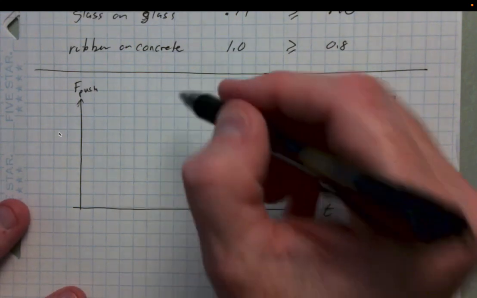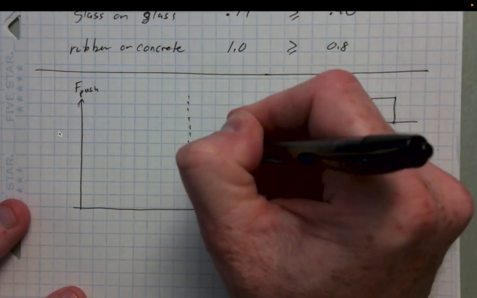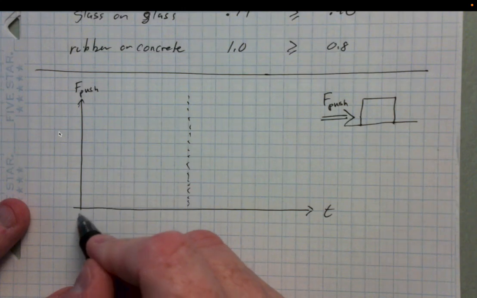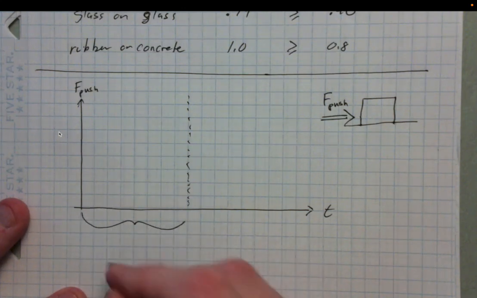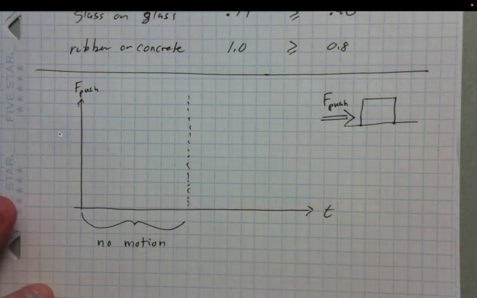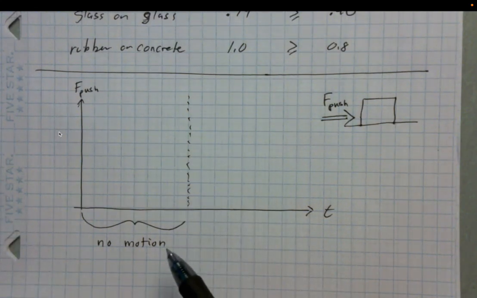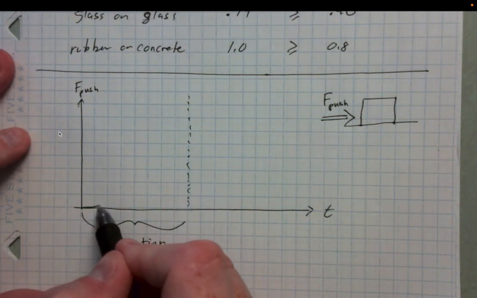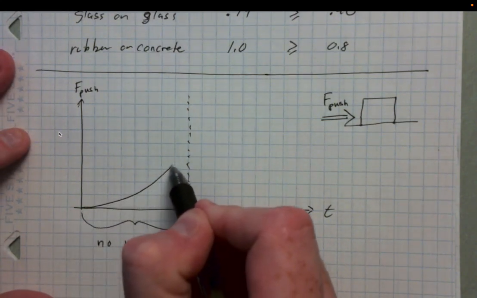Okay, so there's going to be a period where there's no motion, because remember, this force starts at 0 and it's going to be applied until the object starts to move. So I apply some force, and some more force, and some more.